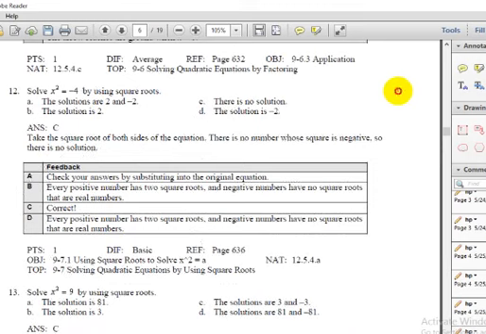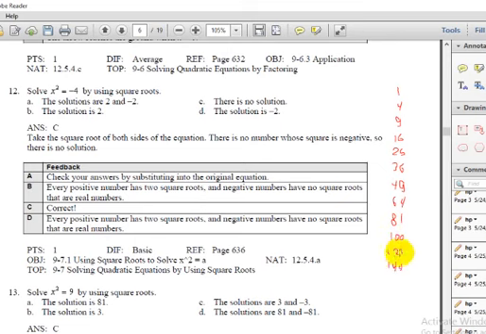Can you tell me the perfect square numbers? 1, 4, 9, 16, 25, 36, 49, 64, 81, 100, 121, 144.